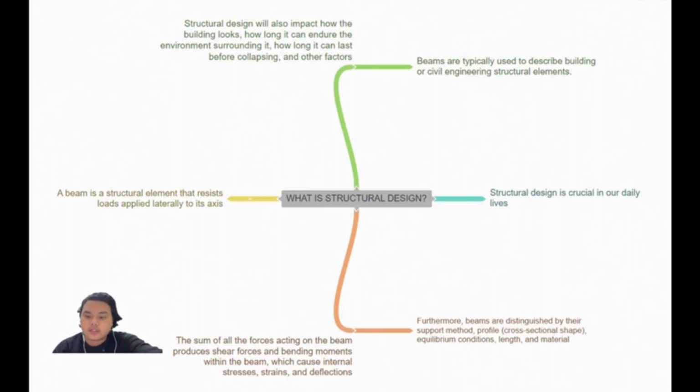After a long discussion, we decided to make our double-story house, which is located at Jalan Anggerik, Sungai Buloh, Selangor Darul Ehsan. We decided to use concrete grade C25, and the concrete strength fck is 25 Newton per millimeter square. Our fyk is 500 Newton per millimeter square.